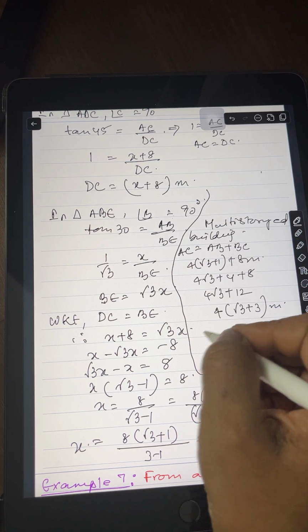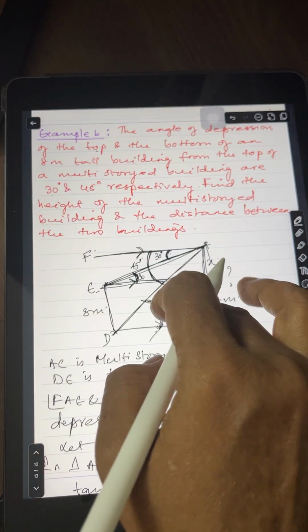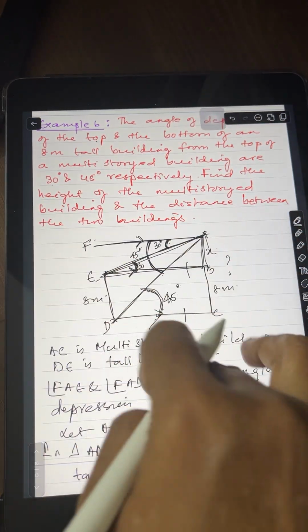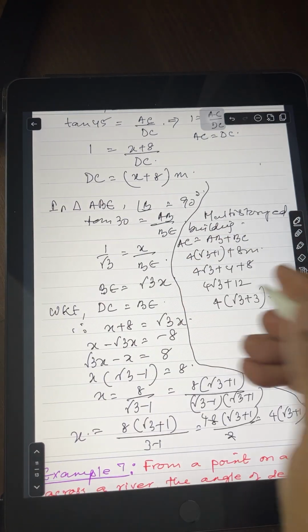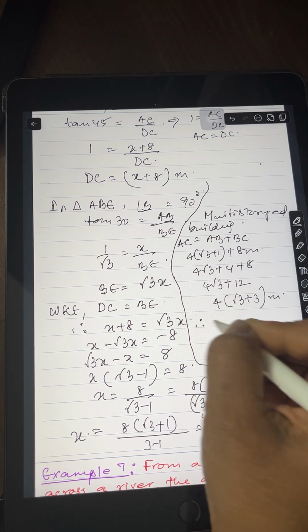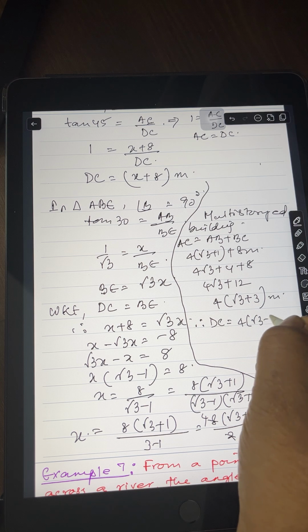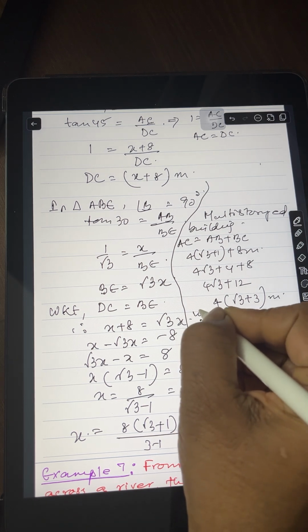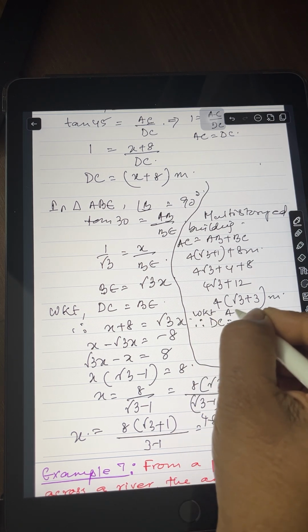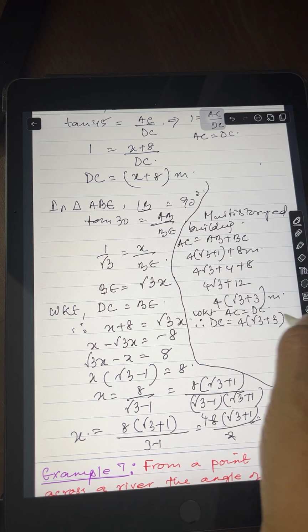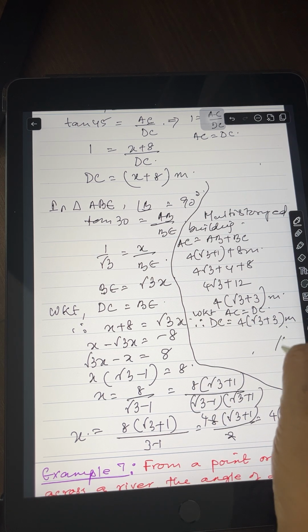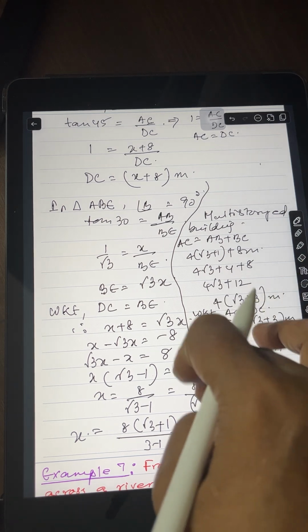DC is also the same thing. Therefore, DC is equal to 4 root 3 plus 3 meter. This is your answer for both.